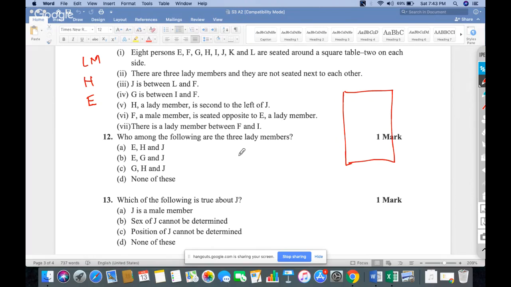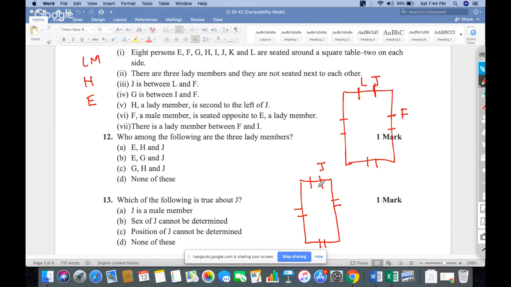Now try to understand it. J is sitting between L and F. So all the sides are same. Now on any side, these two positions are different. So try to understand. I make different possibilities. So if J is sitting here, then L can be here, F can be here.